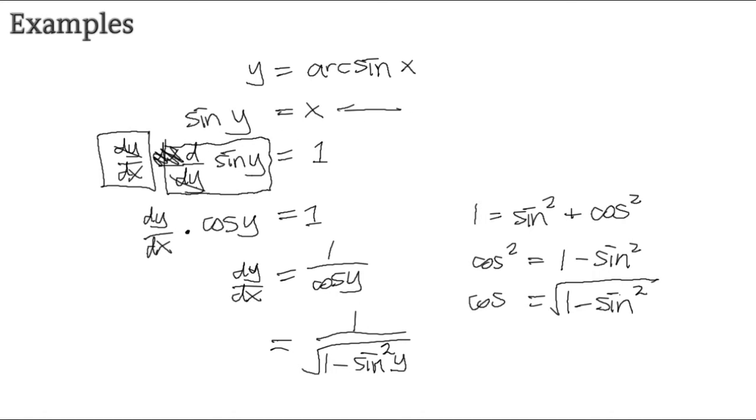It's x squared. So this equals 1 on the square root of 1 take x squared, and that would be the entirety of dy by dx, which is also the differential of arc sine. So now we have a beautiful expression. We can repeat this process with cosine.